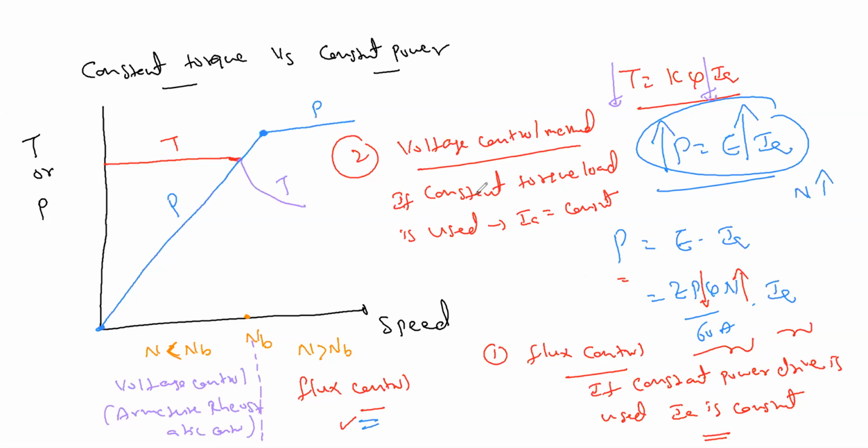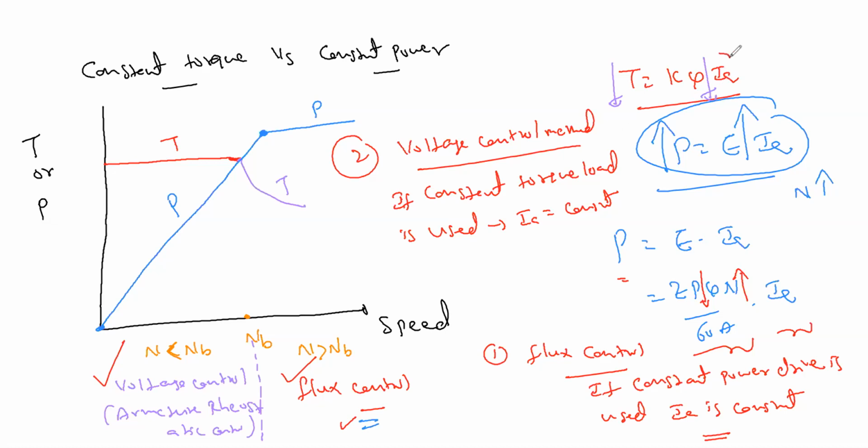So overall, what we are trying to say is that a constant torque drive is preferred for the voltage control method, and a constant power drive is for the flux control method. If you reverse it, meaning you use constant torque in the flux control method, the armature current increases. This is what I was saying.